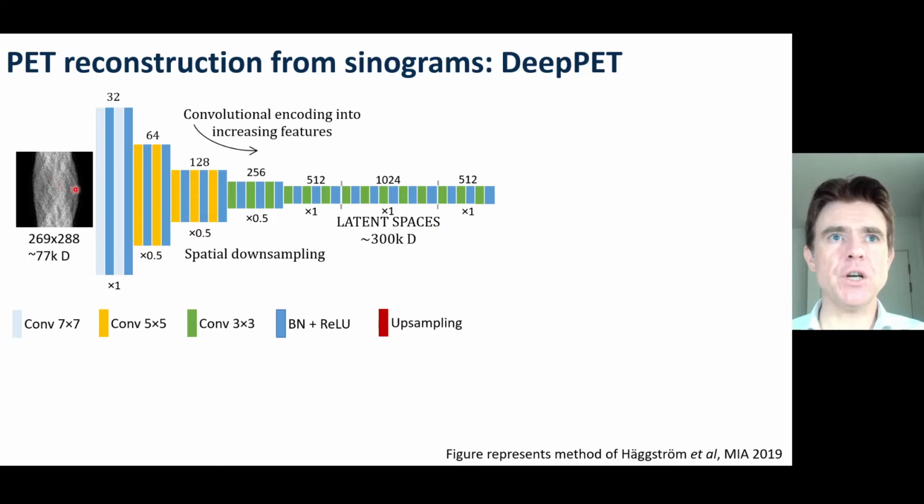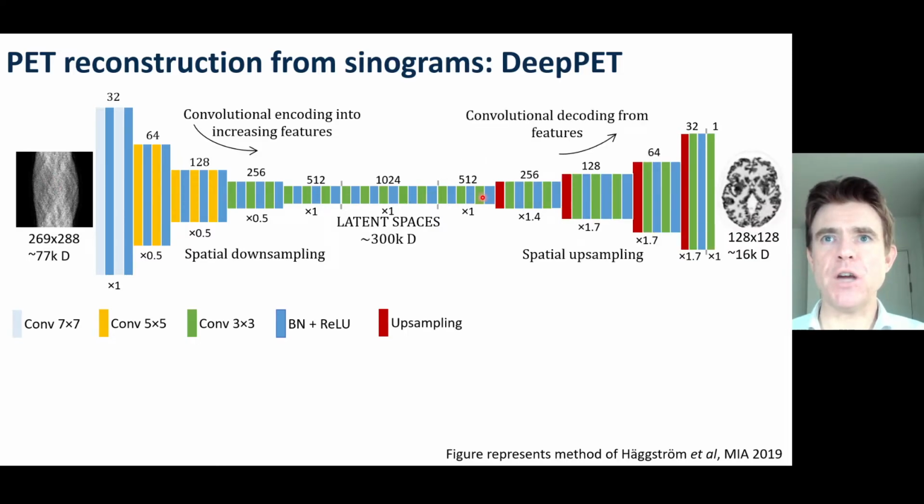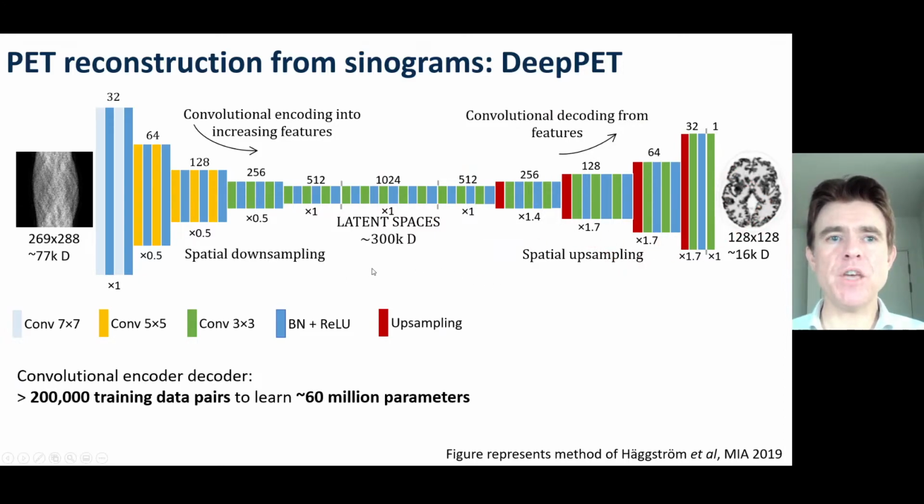So that's the convolutional encoder part of the network. And then on the back end of that, once we've got the encoded latent space representation, we can then decode it back to a reconstructed image.